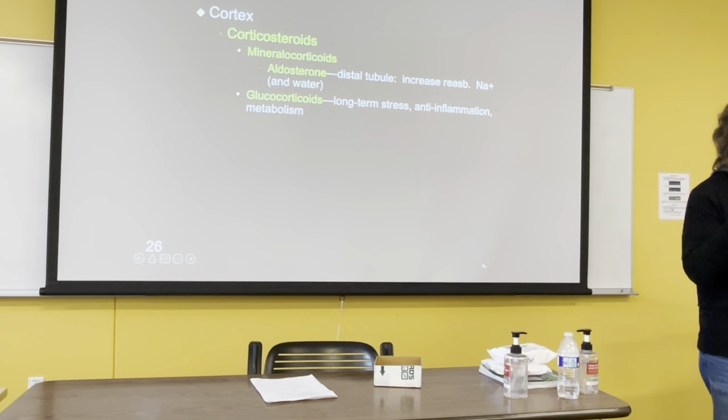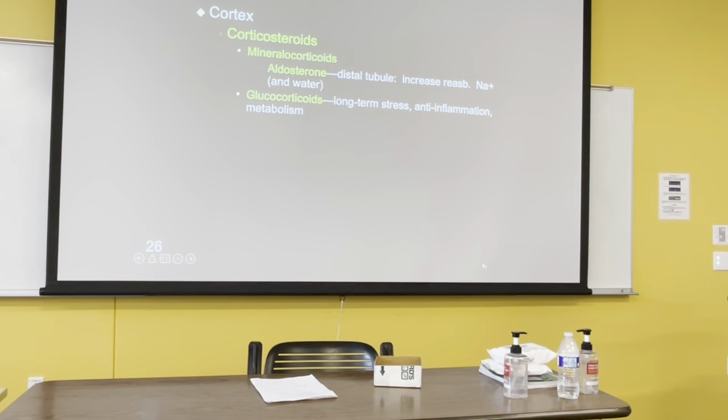Now, this creates a problem, too, in that you have glucose, other cells can take it up. And so what this glucocorticoid does is also induces insulin resistance. And so it affects the insulin receptor on certain types of cells, not neurons, on certain types of cells.